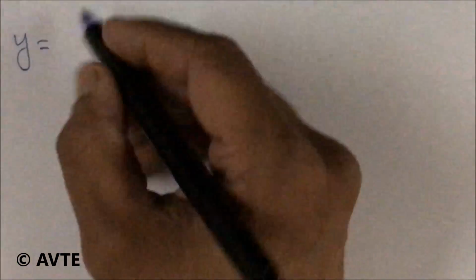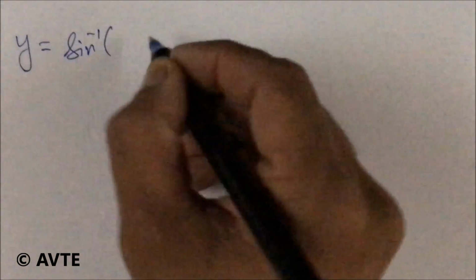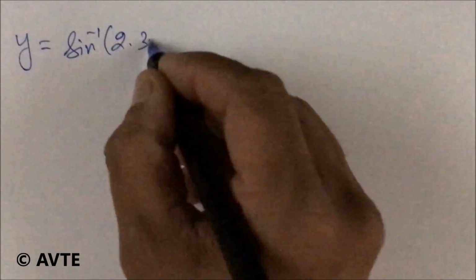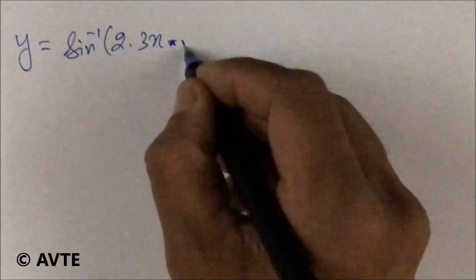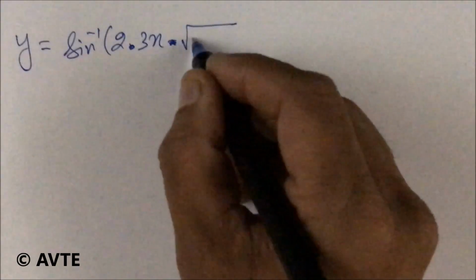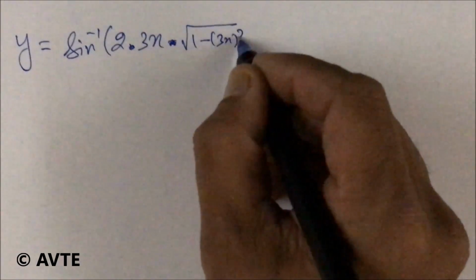Question number 12. If y equals sine inverse of 6x into square root of 1 minus 9x square within the open interval of minus 1 upon 3 root 2 to 1 upon 3 root 2, then find dy by dx. This is sine inverse of 6x, so you can write 6x as 2 into 3x, and 9x squared can be taken as 3x the whole square.